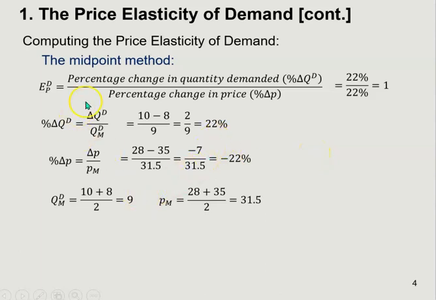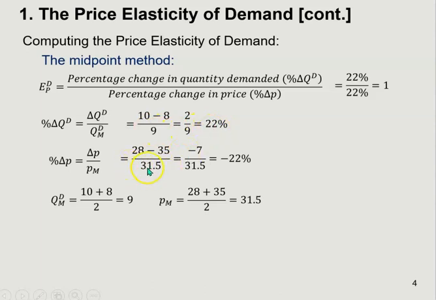Now, if you use the same midpoint method to recalculate the elasticity for the first case, the first example we discussed in the previous video, you're going to get 8 minus 10, because that was the opposite case. Then it's going to be minus 2, so here you're going to get minus 22%. Remember, the denominator stays the same.